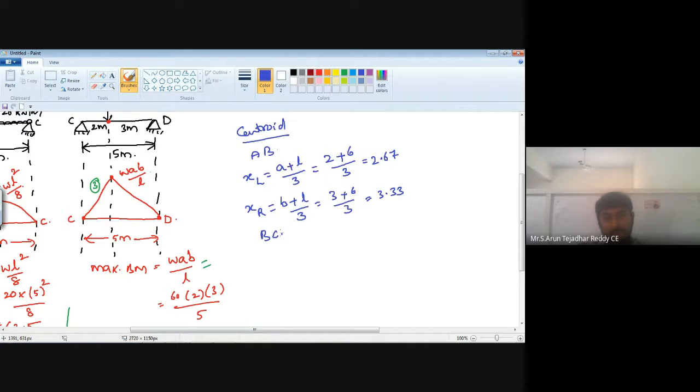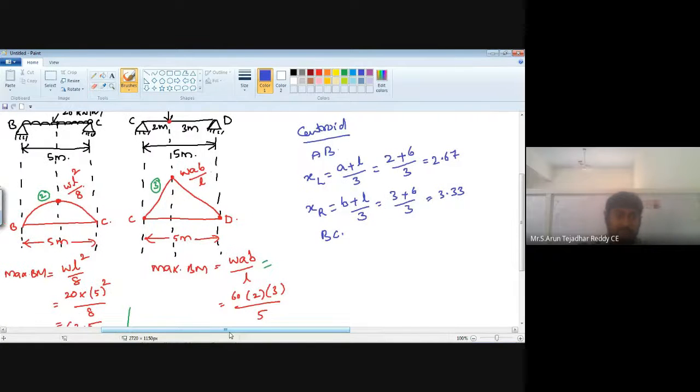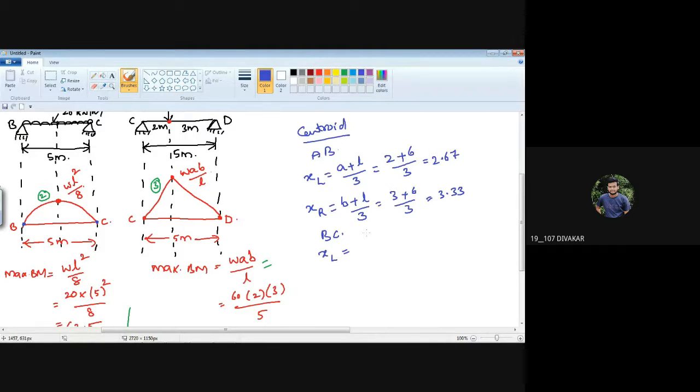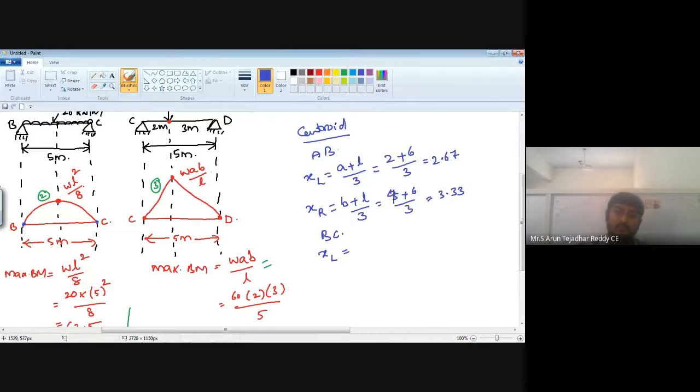BC, we are having a uniformly distributed load. It means it is a symmetrical structure. So that reason where XL is 4 plus 6 by 3? Yes. Okay, here B is 4.